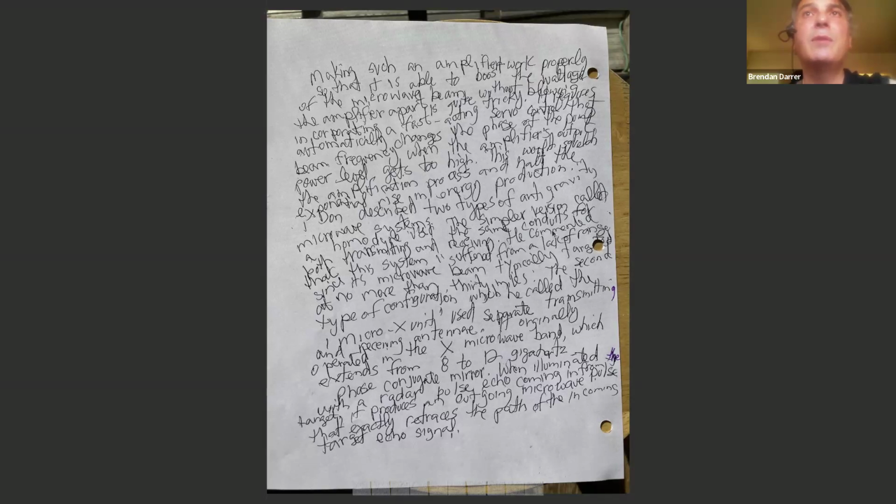He commented that this system suffered from a lack of range, since its microwave beam typically targeted at no more than 30 miles.